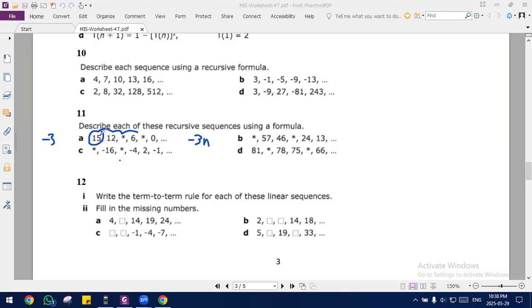I should plus, first you plus 3 to make it 0, then you plus 15. So you need to plus 18. Now, if you try the second term, n is equal to 2. Minus 3 times 2 is minus 6. Minus 6 plus 18 is 12, so it's correct.